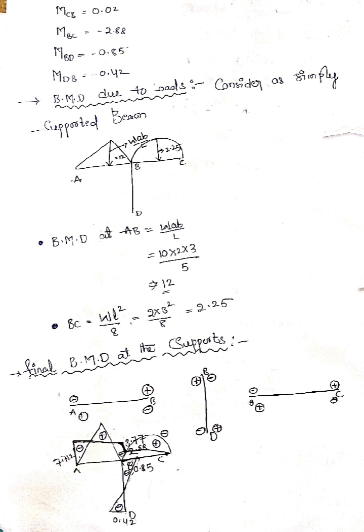You can see the sign conventions here for beam and column: plus, minus, minus, plus. In this way we can draw the final net bending moment diagram. This is how we solve non-sway problems using the slope deflection method.